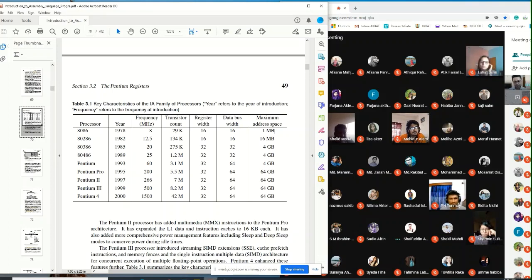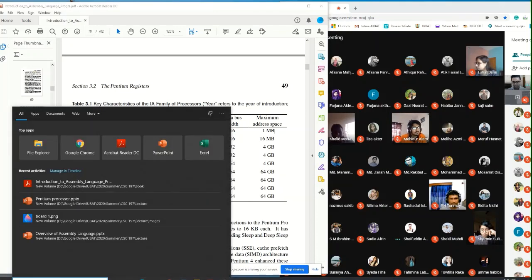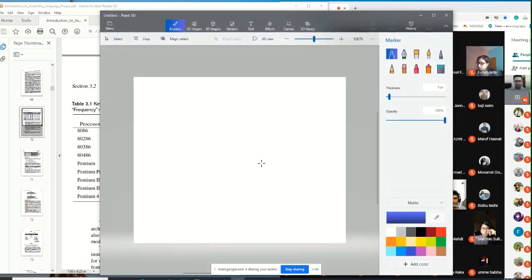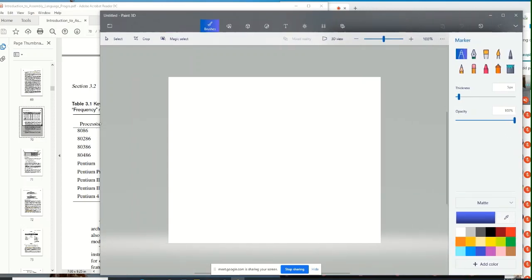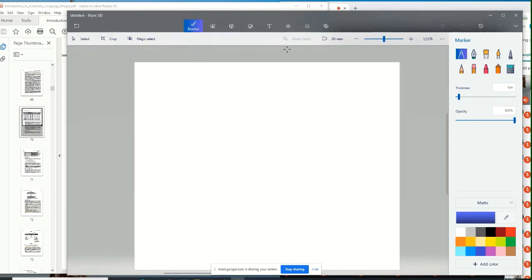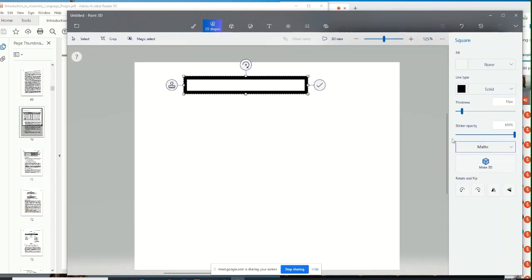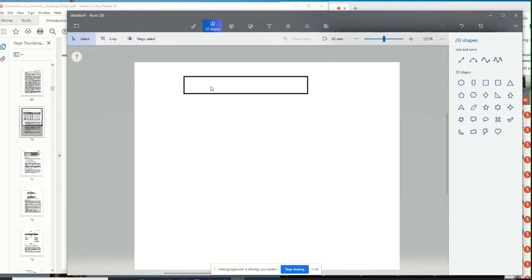Actually, this is one of the basic problems. So how can we solve it, or what will be the solution? Let me show you one thing. Let's say this is our address bus. This address bus is 20-bit long.